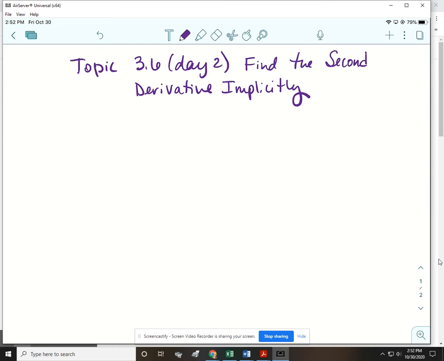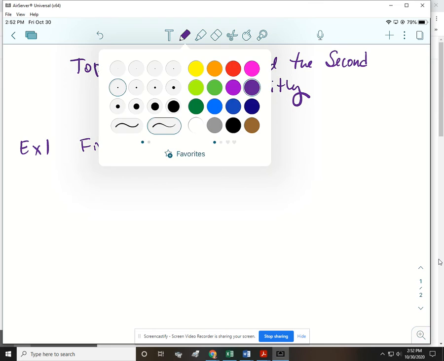Okay, so let's just look at example 1. We're going to find the second derivative. And that's just one of the notations we could use.